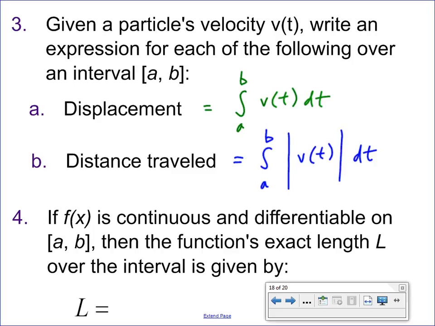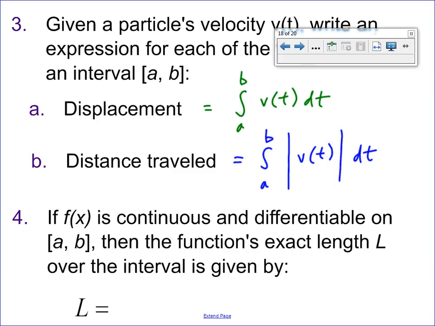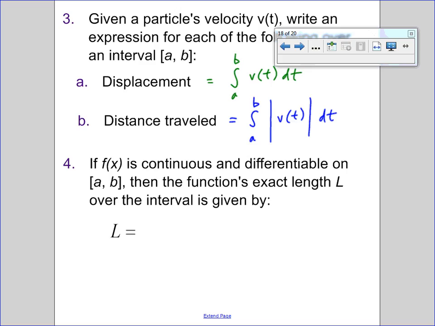Thank you. It keeps going. It's like the never-ending closure. If f of x is continuous and differentiable on A to B, then the function's exact length L over the interval, you thought it was going away. No, it's here to stay. It is given by L equals. So this exact length would be given by what expression?